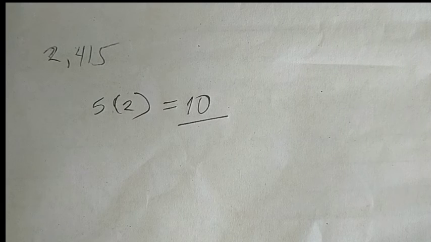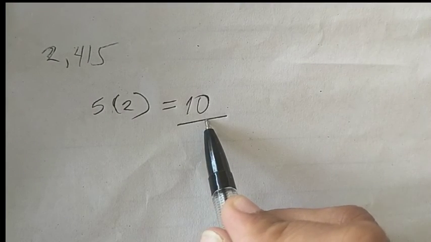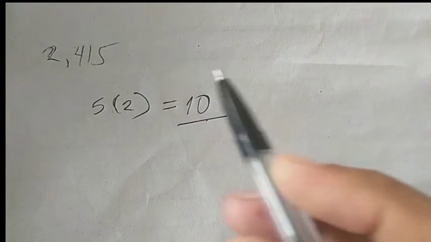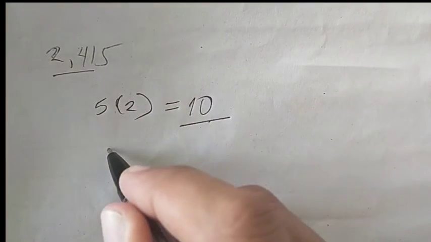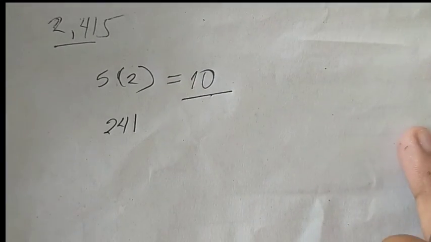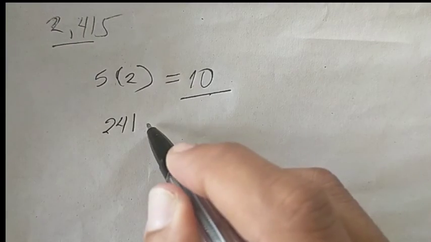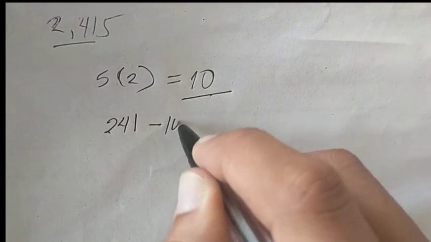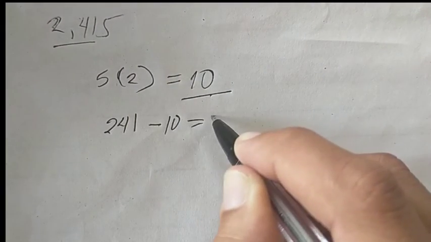Step 2, subtract the product 10 from the rest of the number, which is 241. 241 minus 10 is equal to 231.